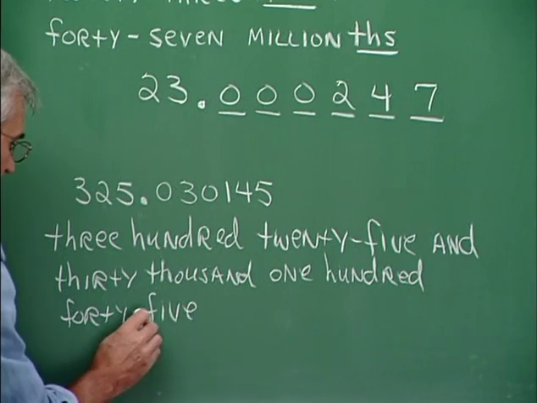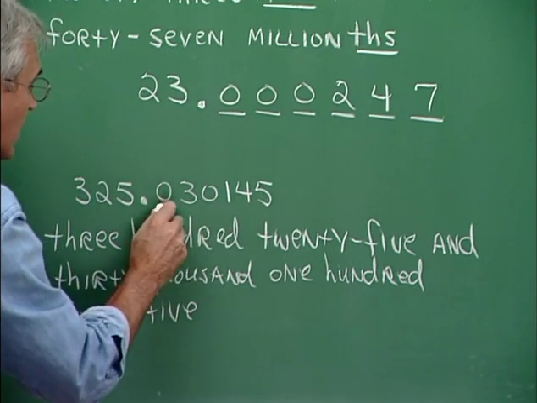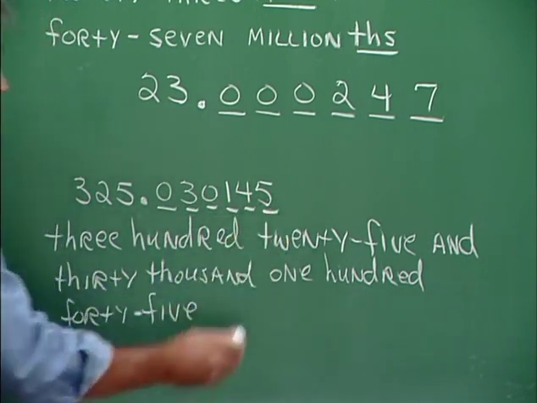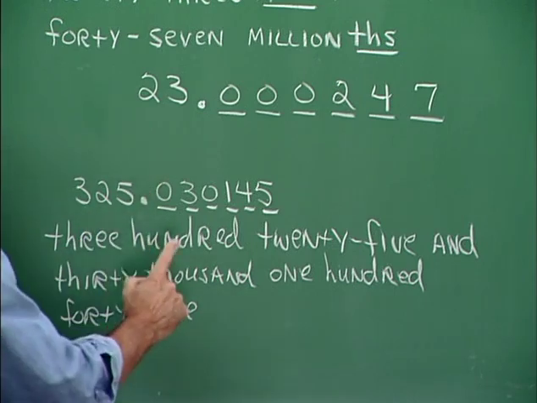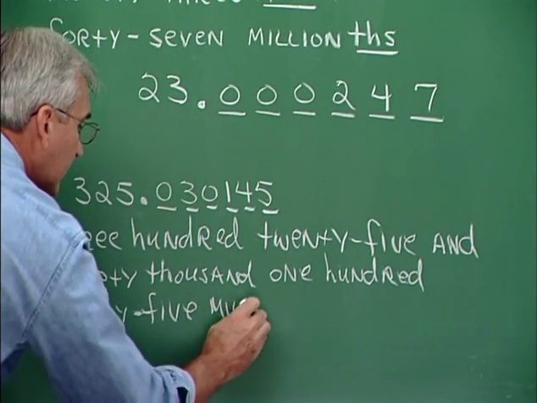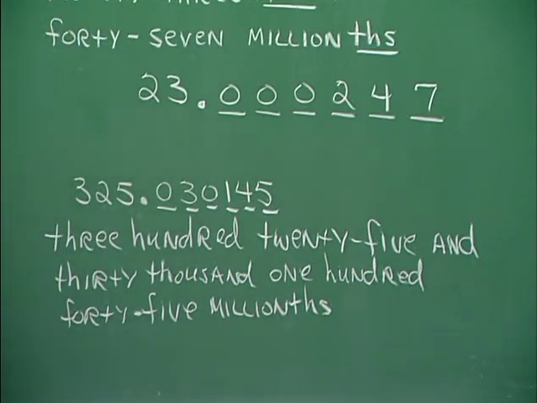Now, 30,145 what? Well, we need a digit value for that 5. Tenths, hundredths, thousandths, 10,000ths, 100,000ths, millionths. So this is 30,145 millionths.